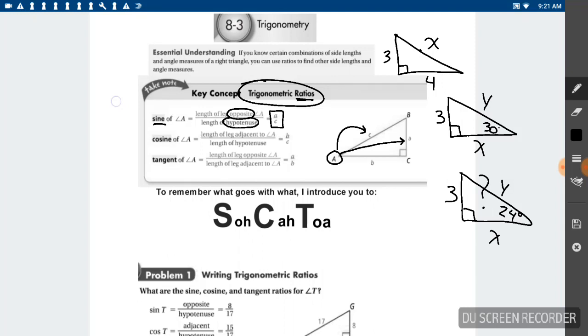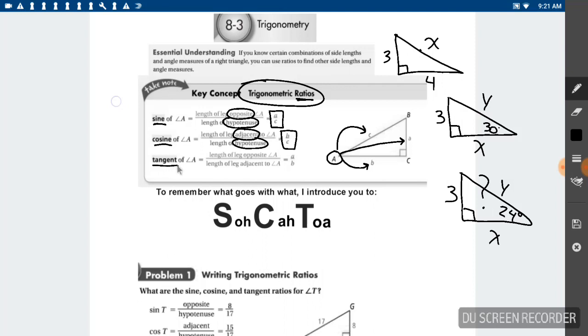So these are ratios or just comparisons. All right? The cosine will refer to the ratio that exists between the adjacent side to an angle and the hypotenuse. So for A, the adjacent is B. And of course the hypotenuse is still C. So when you want to compare the adjacent leg to the hypotenuse, we refer to the cosine.